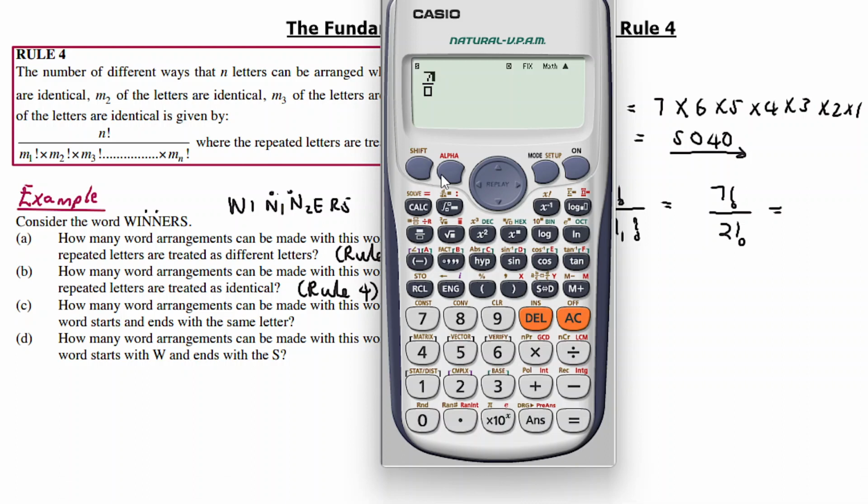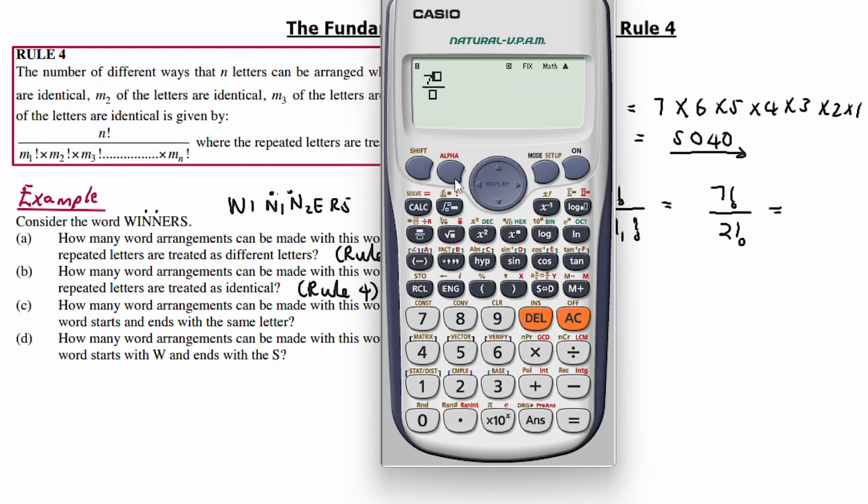Sometimes they can tell you that there are objects, even books perhaps arranged at the library, when you need to calculate the different arrangements possible on a shelf, you can still apply rule number 4 if there are identical textbooks or books.